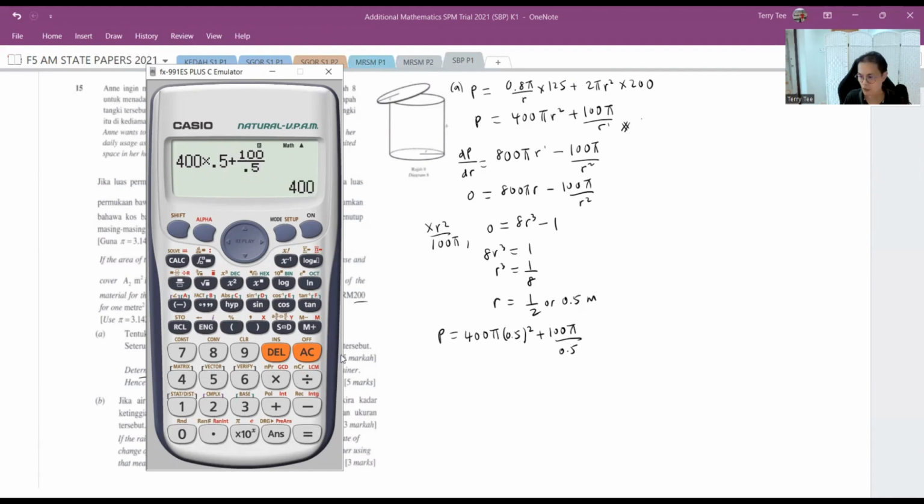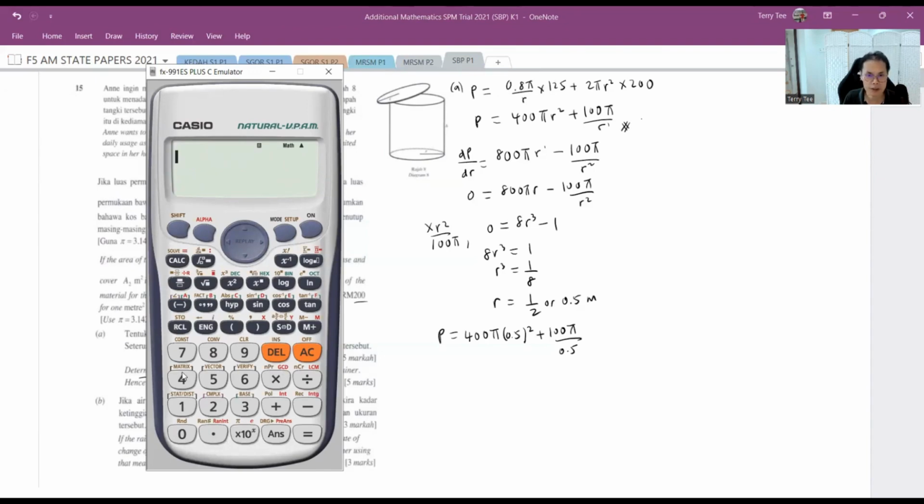So this is 400, right? But you've got to multiply your pi. They say use 3.142. Let me see, maybe I've counted wrongly.